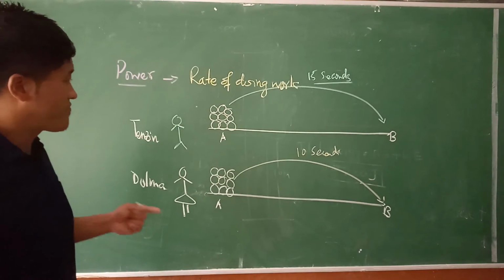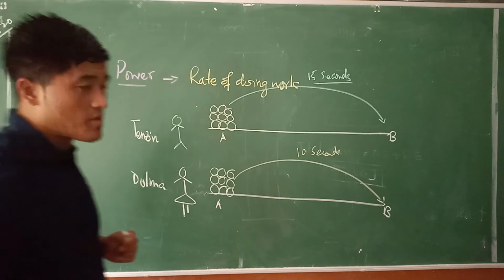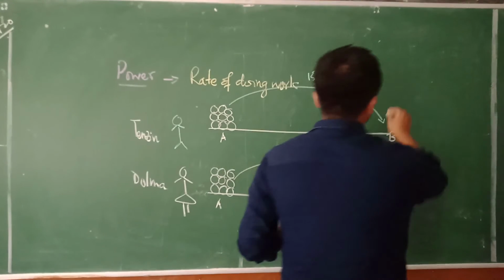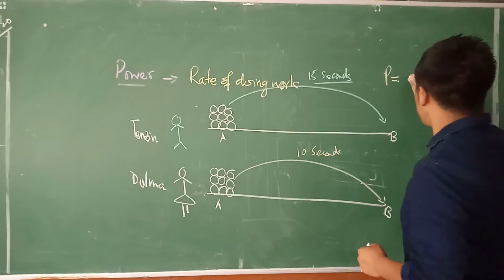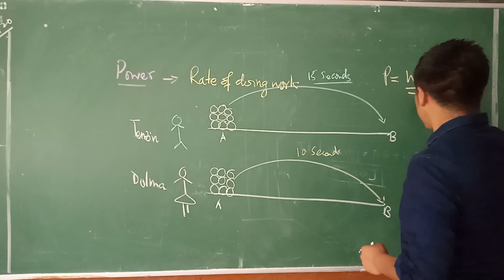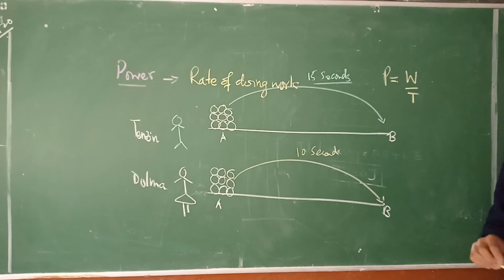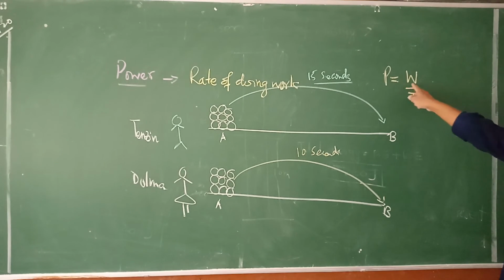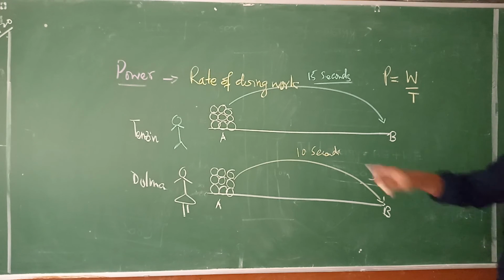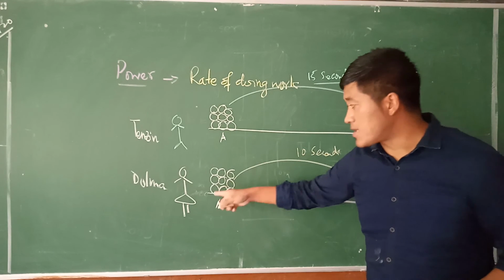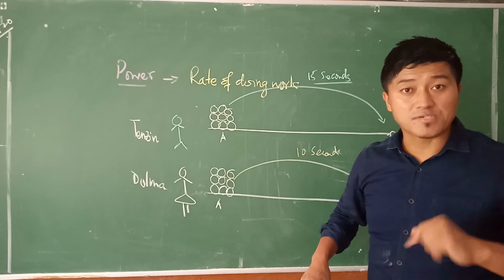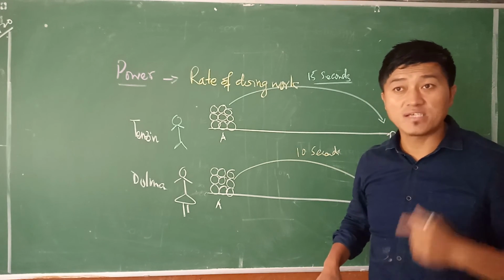If we write the formula for power, power is denoted by P, and P equals W by T. This is referred to as the rate of doing work. How much work he can do, how much work she can do in a given interval of time is how we define power.